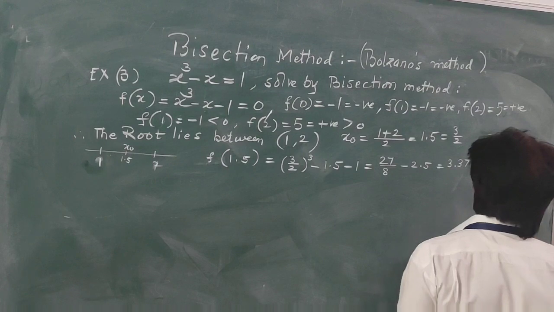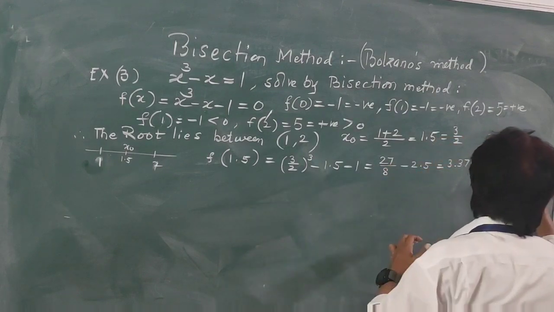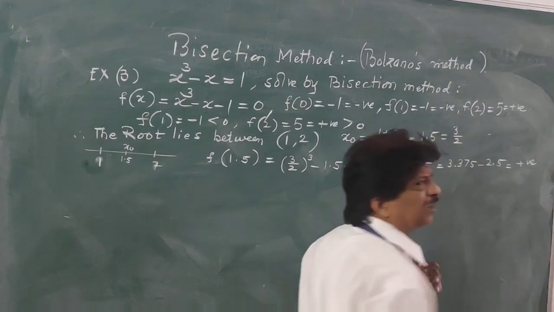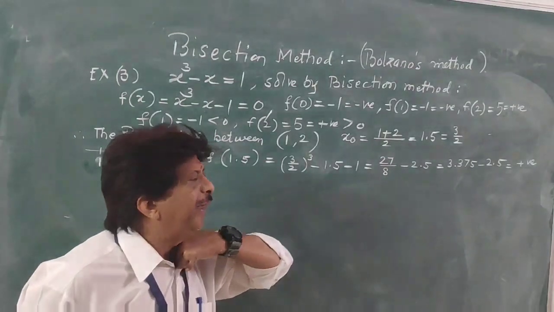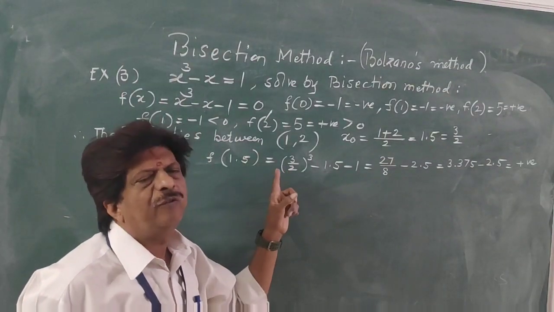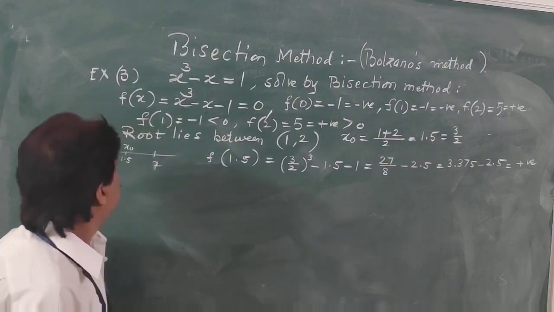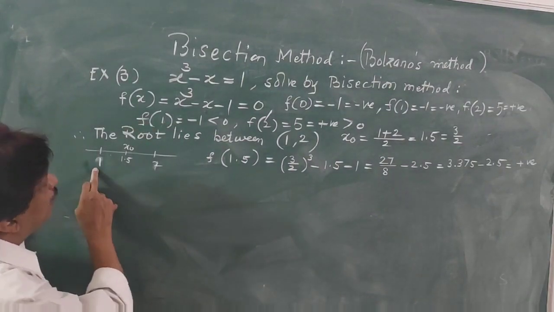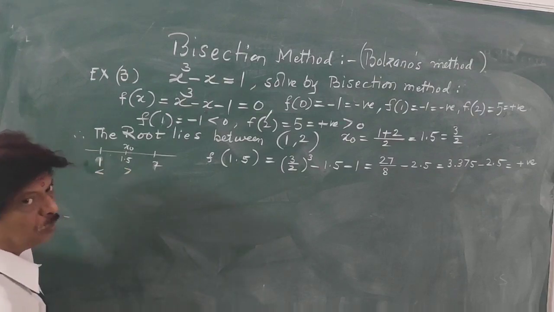So it is positive. We just need its sign, we don't need the value in this. F value of 3 by 2, or f of 1.5, is positive. F of 1 is negative, and f of 1.5 is positive.